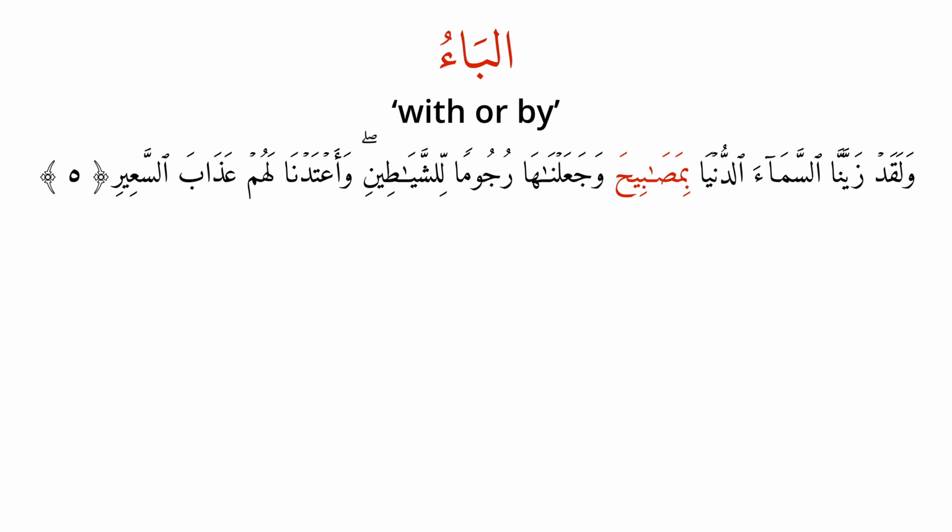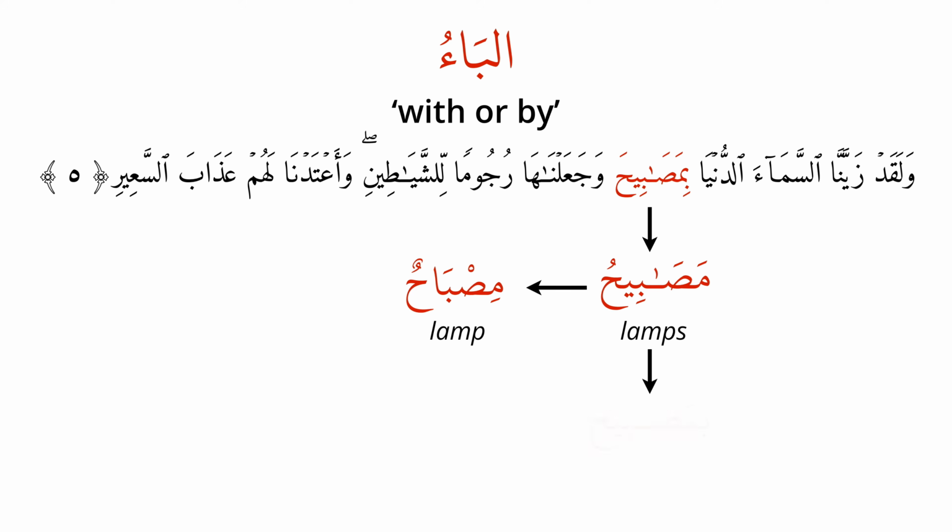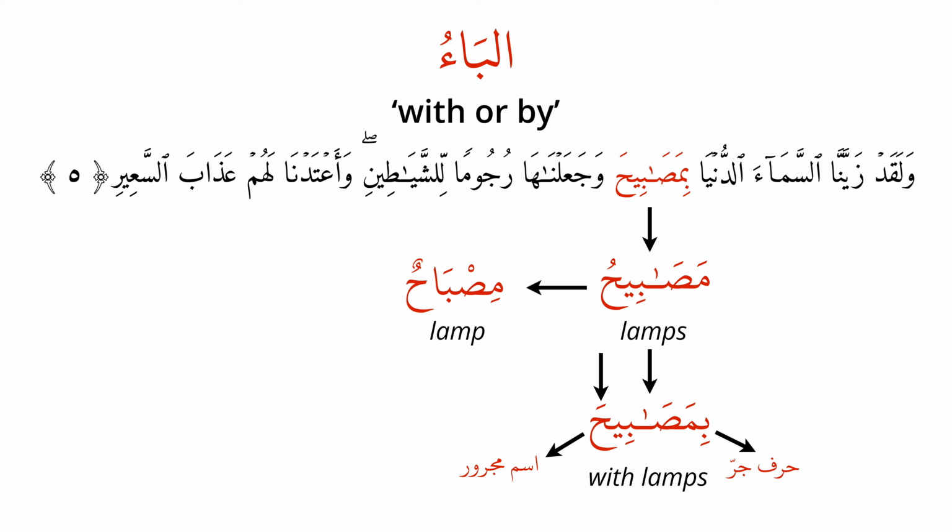In the phrase بِمَصَابِيحَ, the noun we have is مَصَابِيحُ, meaning lamps, which is the plural of misbah, meaning lamp. So bimasabiha means with lamps, where ba is harfu jar and masabiha is ismun majrur, meaning a noun in genitive case, which is indicated by fathah.